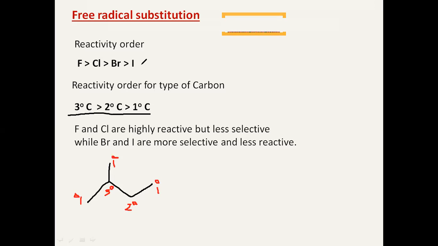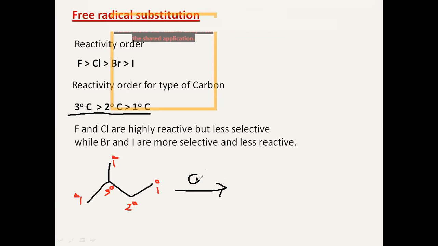Now, see, if we are reacting this with chlorine, no problem. We can write chlorine here, or we can write fluorine, bromine, no problem. Cl2, and sunlight or heating. So what is the monochlorination product?